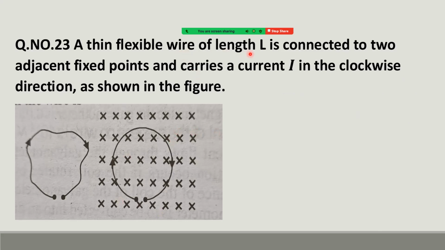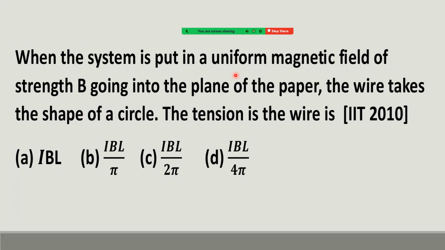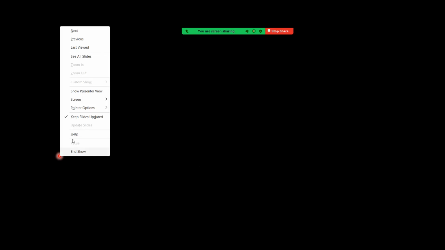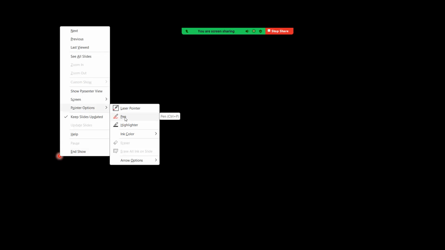Given wire length is L, we have to find tension. So again, it is the same question. Circular shape. So we got a conclusion that the force acting is outwards.